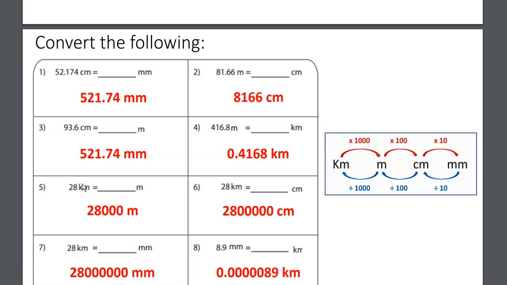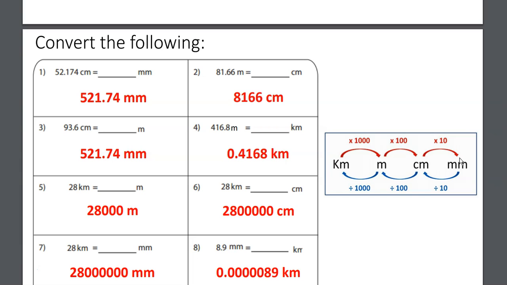All right. Let's try one that takes a couple of leaps. Let's have a look at this example. Here we go. 28 kilometers, convert that into millimeters. Goodness knows why you would want to do that, but if you did, here is what you would do. We start at kilometers, we need to get to millimeters. So we write 28 into our calculator, times 1,000 equals, times 100 equals, times 10 equals, and we get the number of millimeters.